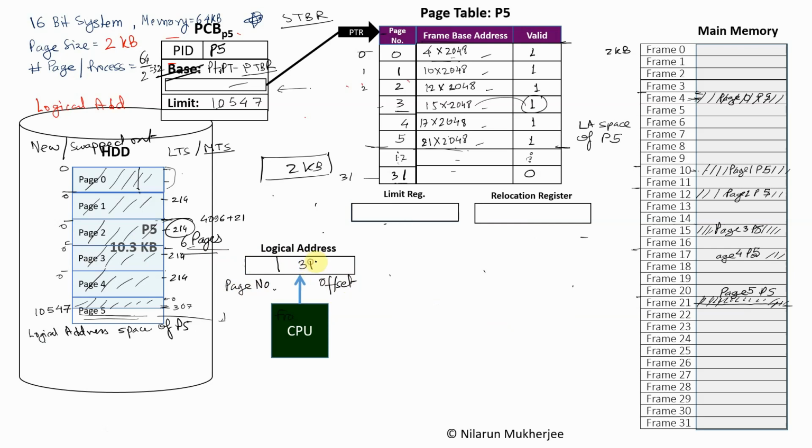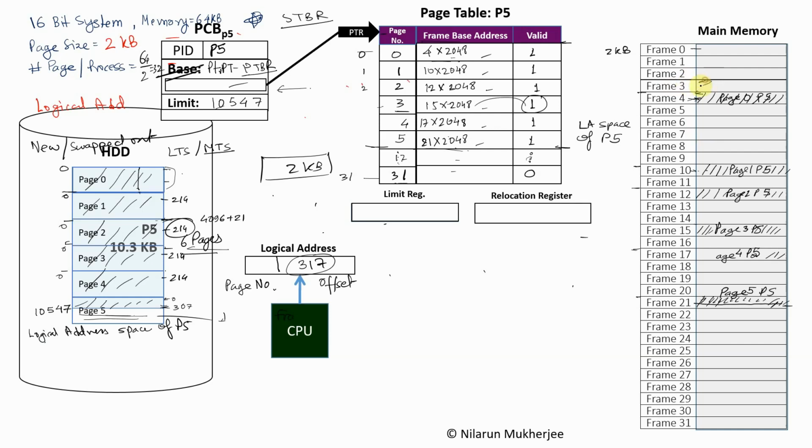Suppose the CPU generates the address 317. Directly we cannot go with 317, it is somewhere here, in another address space. And look here, I have intentionally loaded the pages in different frames, although all the frames till now are available, just to signify that as each frame is addressable individually, each page is addressable individually, we can fit them anywhere.